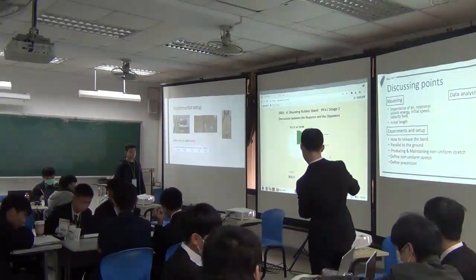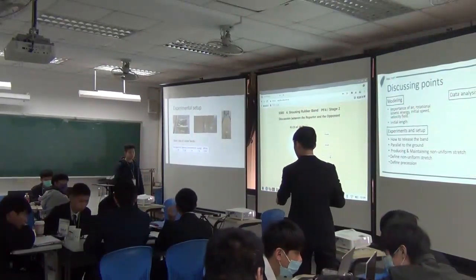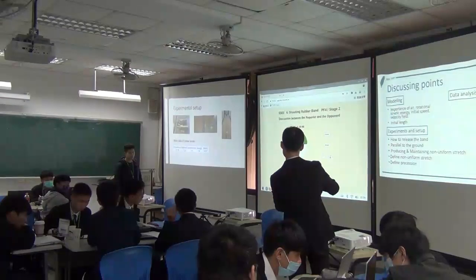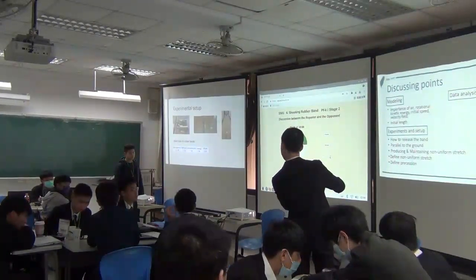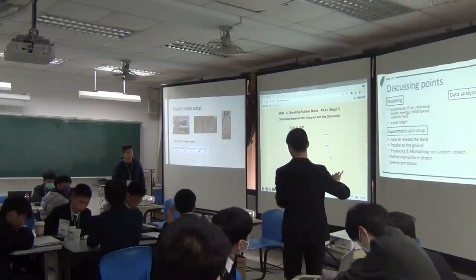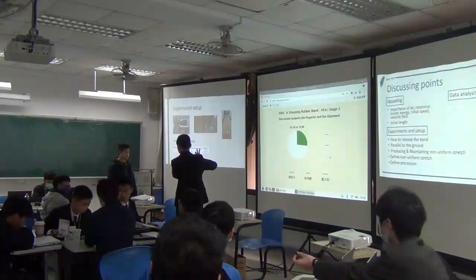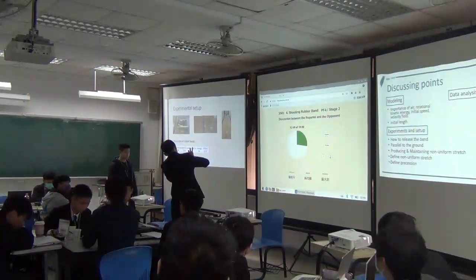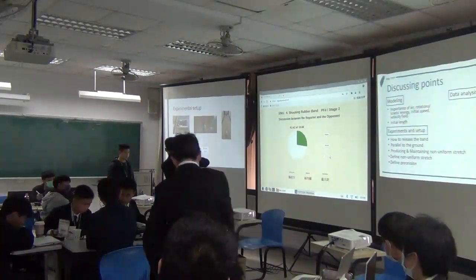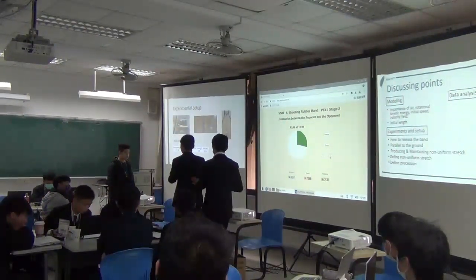Yes, because if you release the band manually, your hand has a length. So if you hold the rubber band originally here, as you gradually release the finger, it will slide across your finger, so it will cause friction.